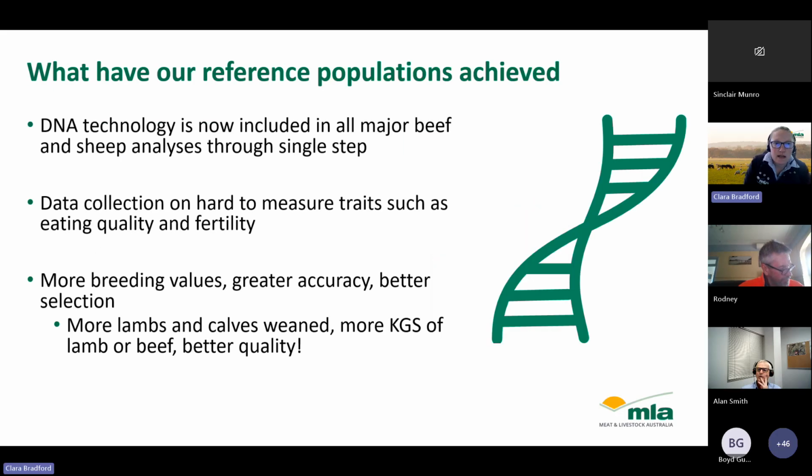Now, if we translate that into what our reference populations have achieved, DNA technology is now included in all of our major beef and sheep analyses through the use of single-step genetic evaluations, which basically means that we're including DNA technology in the calculation of our breeding values alongside all of our other information like phenotypes and pedigree.